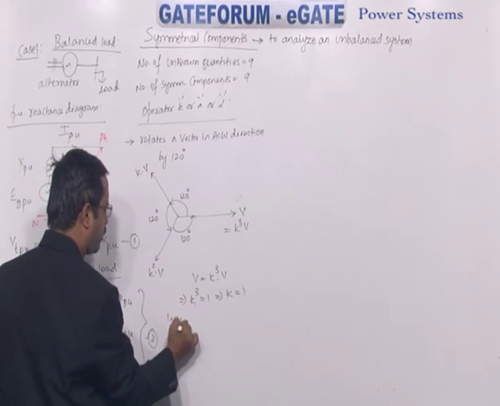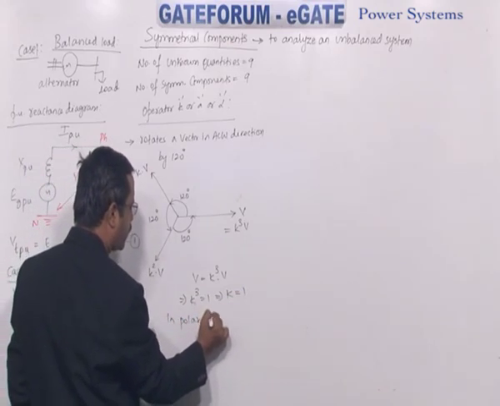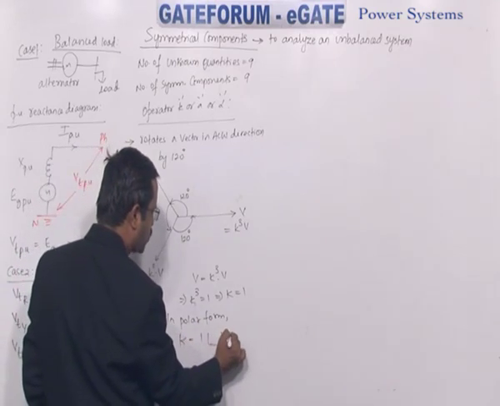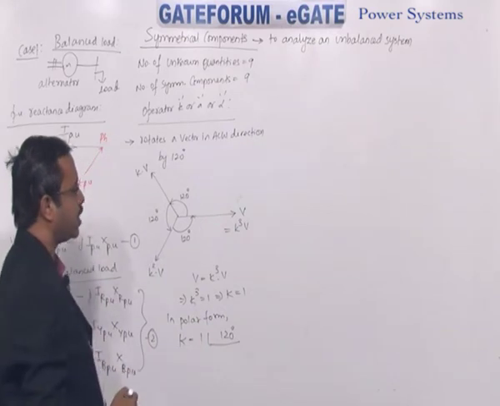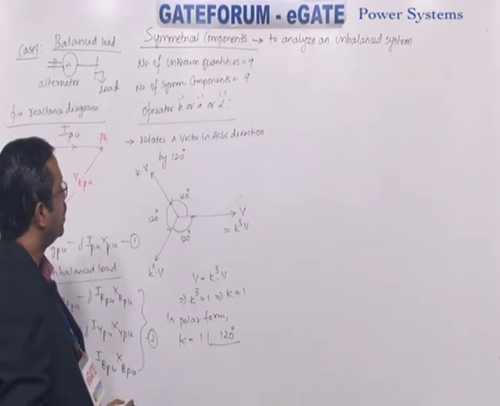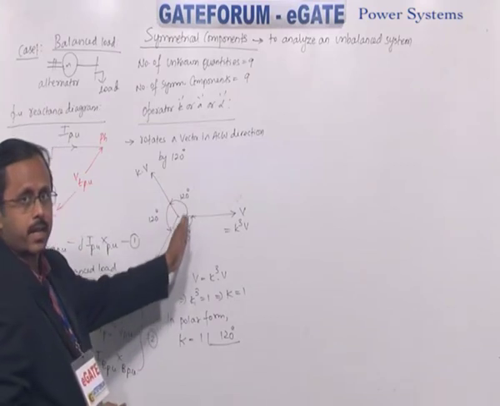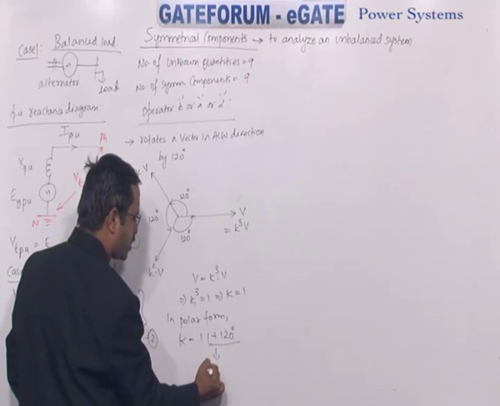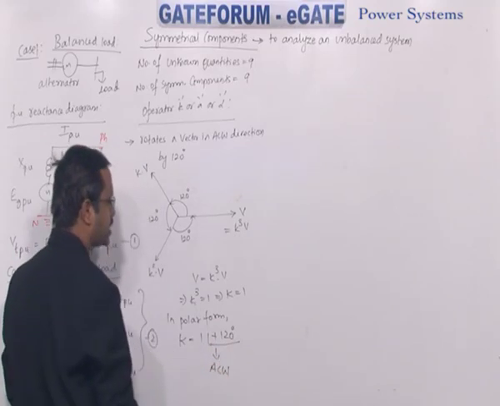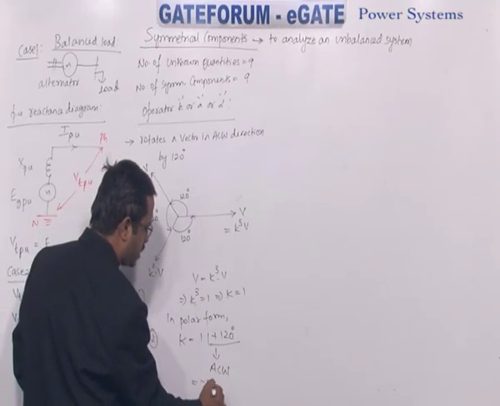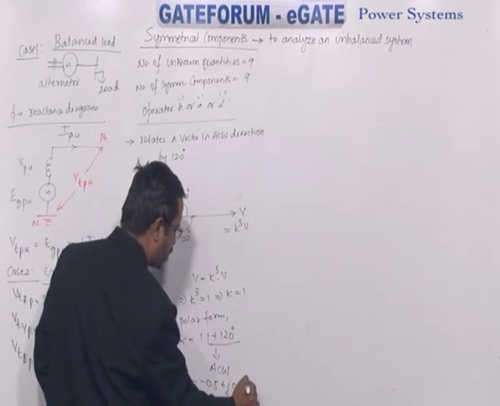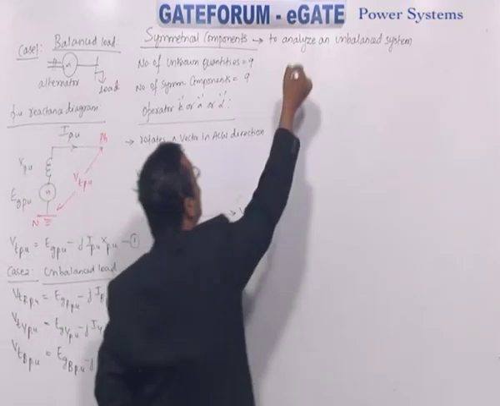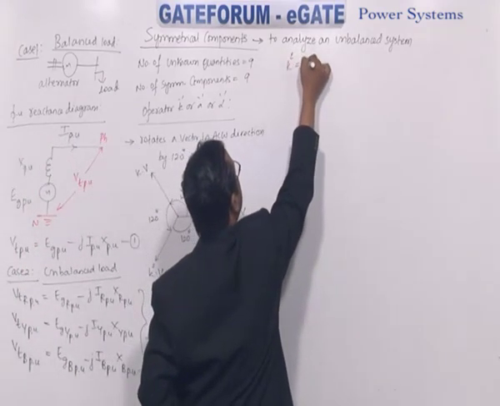In polar form, what is the value of K? Magnitude is 1, angle is 120. Plus 120 or minus 120? It is in the anti-clockwise direction, so it is assigned a positive sign. In rectangular form, it is minus 0.5 plus j 0.866. And what is K square?